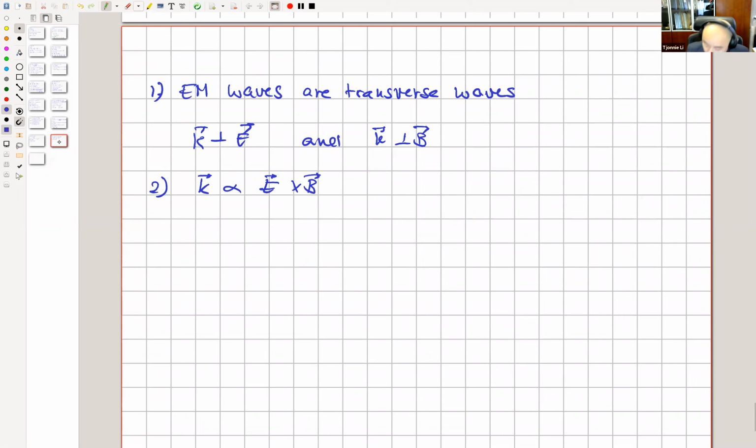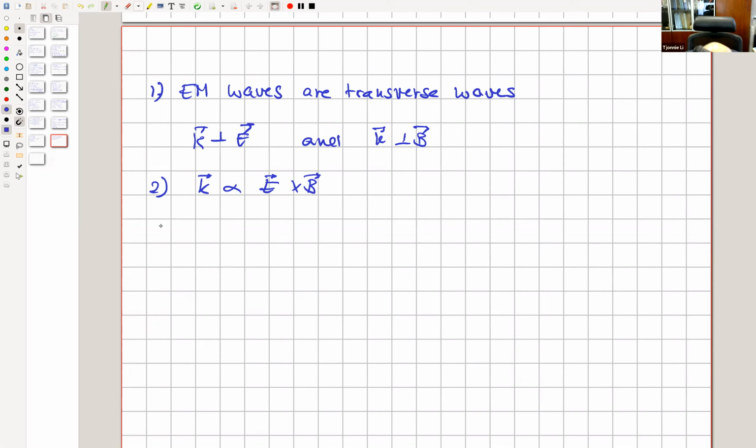So we know that k, E and B are mutually orthogonal in the directional sense that E cross B is in the direction of the wave.